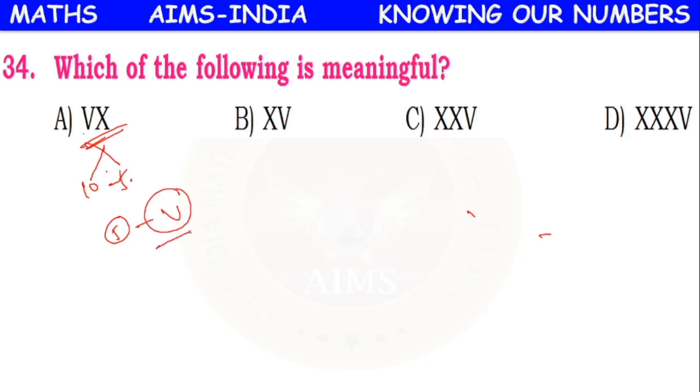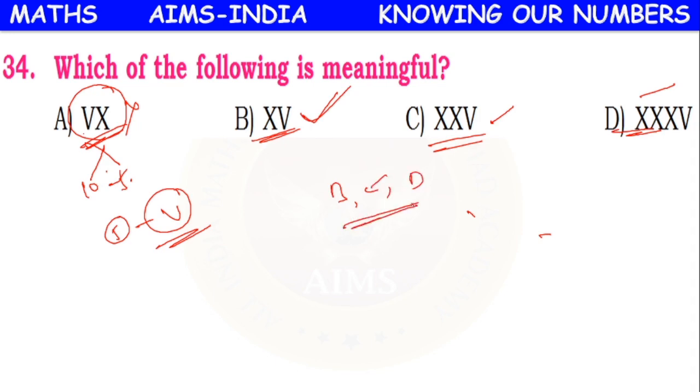But 5 is represented by V. So this is not having any meaning. XV, 15, having meaning. XXV, 25, having meaning. XXXV, 35, having meaning. So B, C, D. These three options are having meaning.